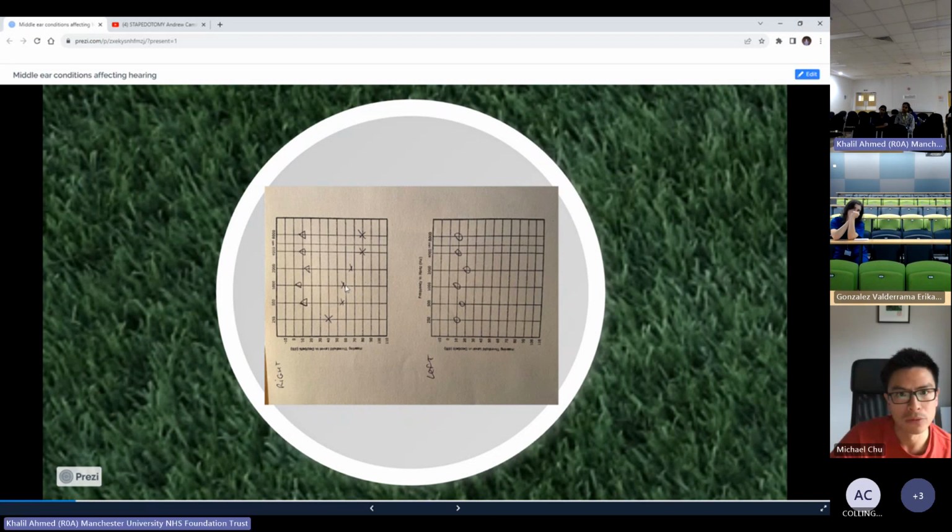Well, your crosshead masking is only 40 decibels. So 40 takes you down to 25 dB. But look there, the threshold is 10 dB. So the hearing aid is going to be heard by the better ear before the worse ear. You get it?